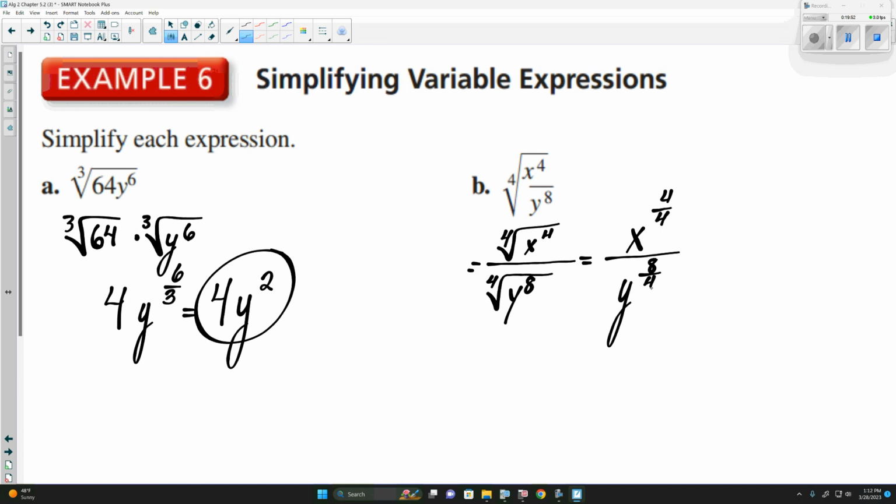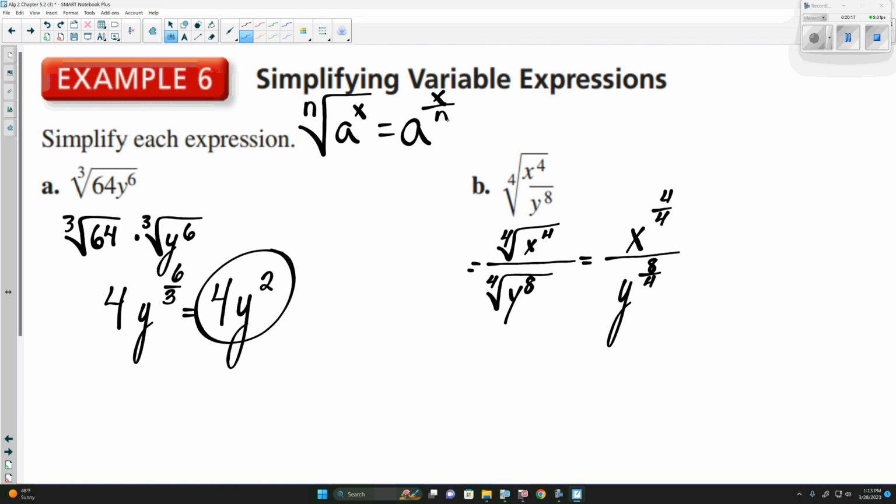The nth root of a to the x is equal to a to the x over n. It's how we can switch from radical form to exponential and exponential to radical. We go from one to the other.